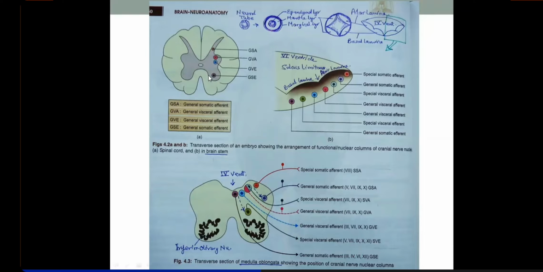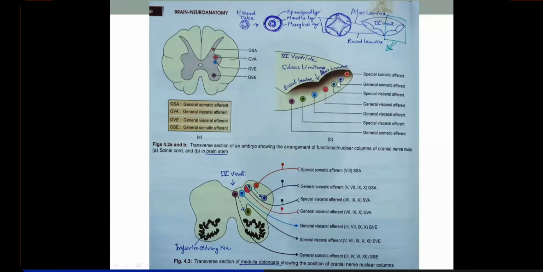This was the arc of the somatic column, and this was the arc for the autonomic column. Now, in between these two, you will find an arc for the branchial apparatus. So special visceral afferent will come here, and special visceral efferent will be placed in between these two efferents. Got it?